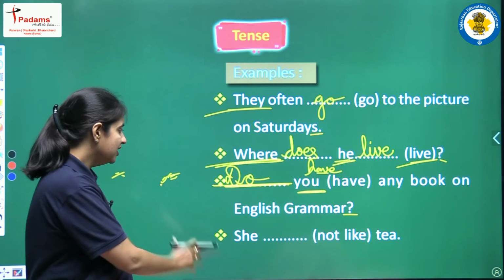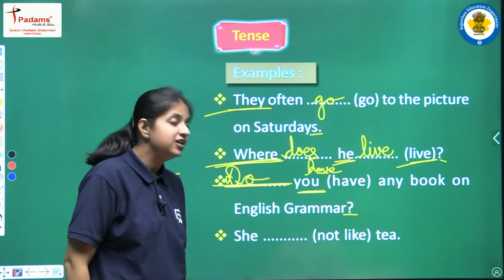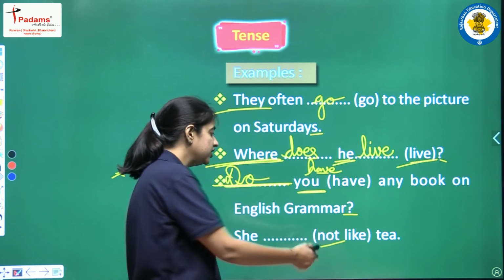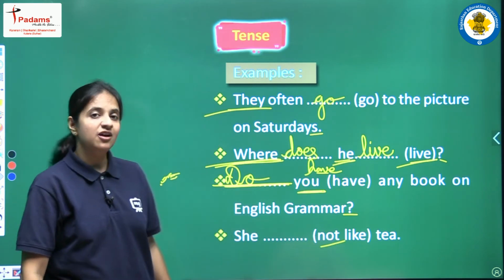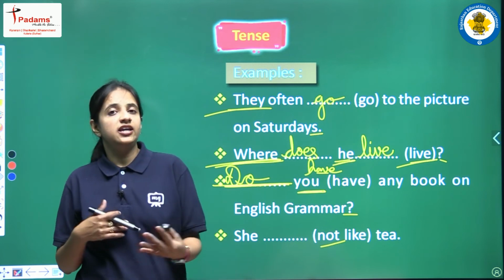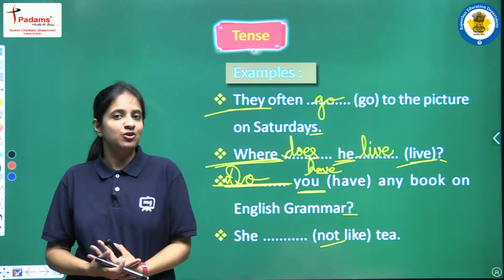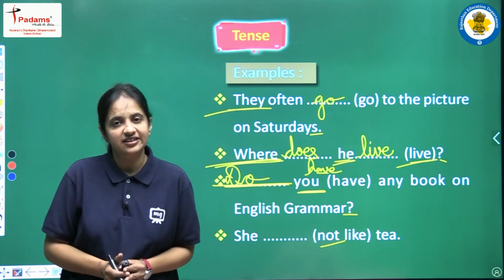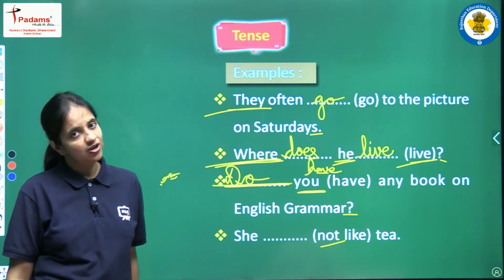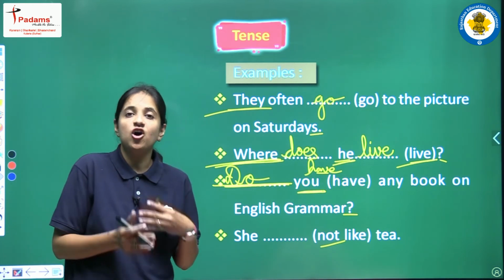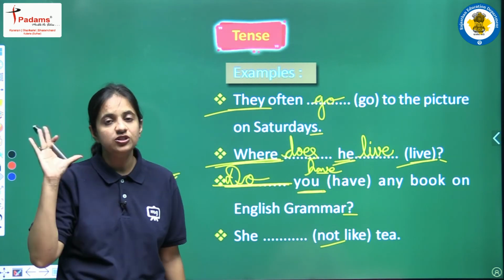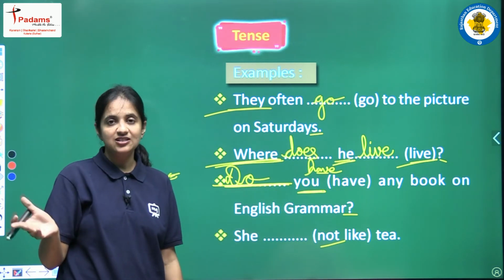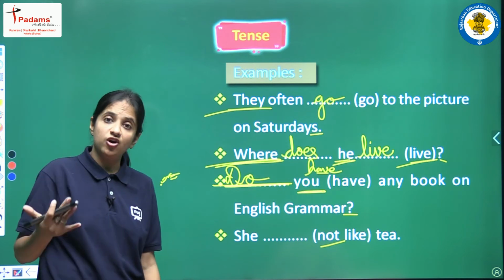Clear? Next is: she not like tea. So yes, this is a negative sentence. We have not here, and in this sentence we are talking about someone's habit, that her habit is that she does not like tea at all. So this sentence is showing someone's habit, so we will use present simple tense, and again we know that this is a negative sentence, so we will use do and does, but according to the subject.